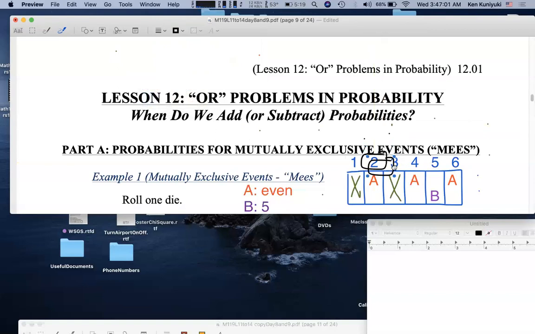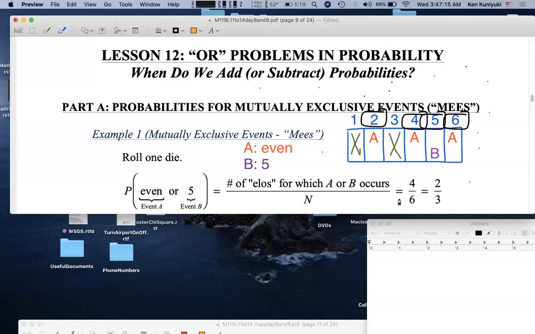If we get a 4, event A occurs. If we get a 5, event B occurs. If we get a 6, event A occurs. All right, so for 4 of these 6 ELOs, A or B occurs. So we come up with the fraction 4 over 6, or 2/3. Remember, you don't have to reduce fractions.